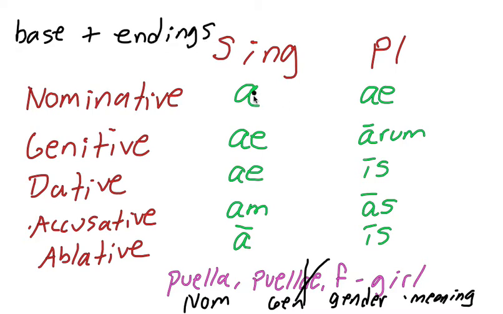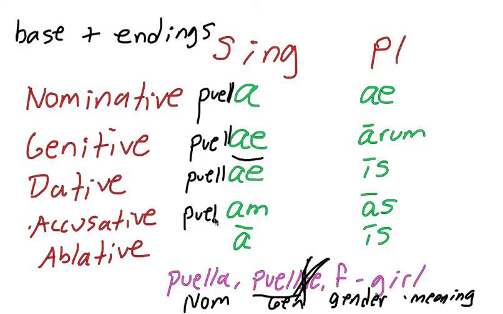So we have the endings here in our chart, and now I'm just going to take the base, which for puella is the letters P, U, E, L, L, because it's the genitive singular minus the genitive singular ending. Now I'm going to fill in the base. Our nominative singular is puella, our genitive singular is puellae, and our dative singular is puellae.